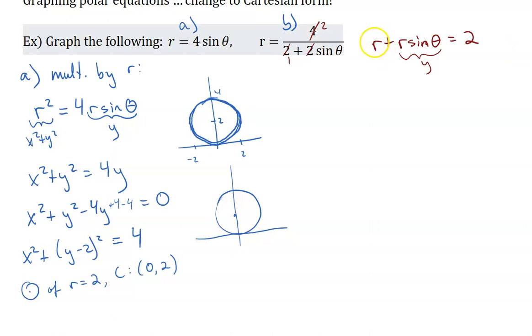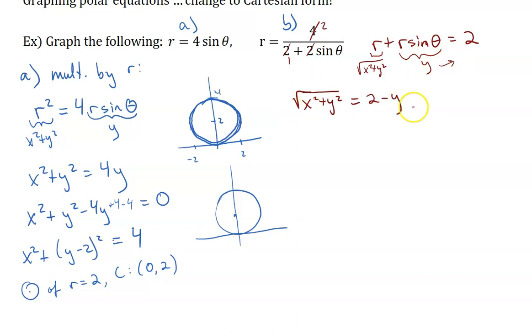So I'm going to write this as the square root of x squared plus y squared. Okay, so I get root x squared plus y squared, and I'm going to move this over to the other side, equals 2 minus y, and then I'm going to square both sides, so x squared plus y squared equals, and then squaring this side, I get 4 minus 4y plus y squared.